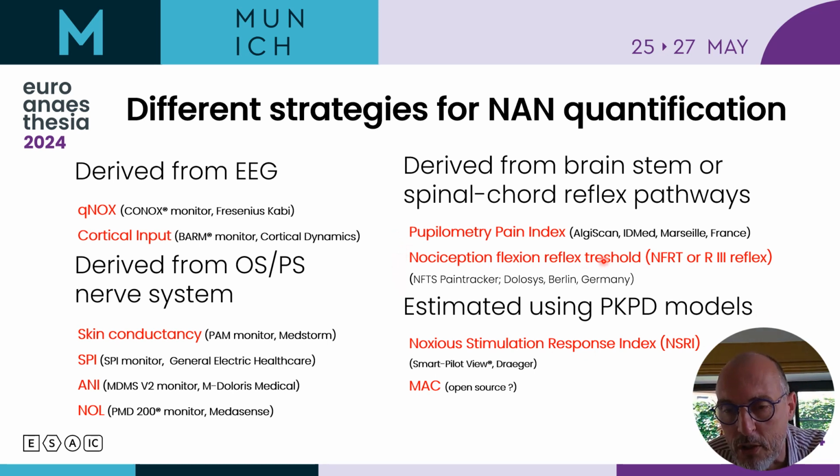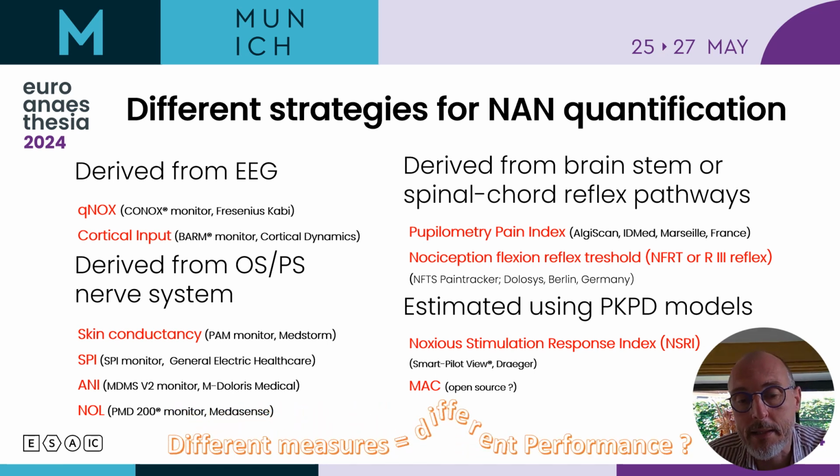And there are even some that use pharmacological endpoints to predict the probability that a patient moves at a certain time. Of course, all these different mechanisms will lead to different performance, and we need to look for validation studies on different endpoints for each monitor separately. Don't extrapolate the results from one to another.